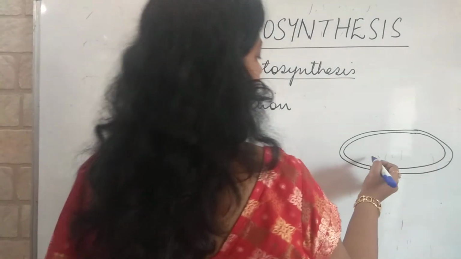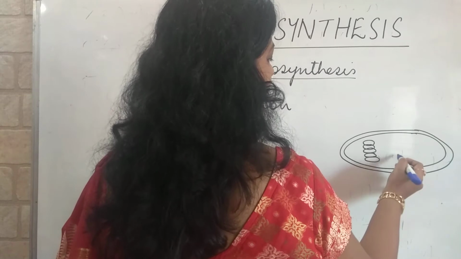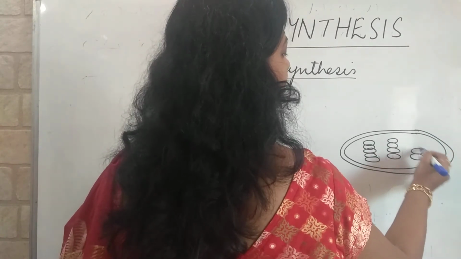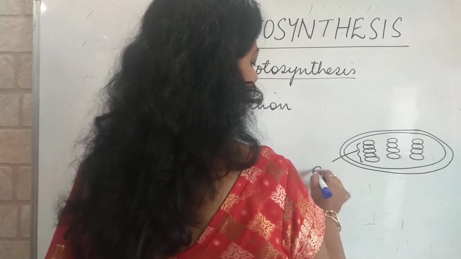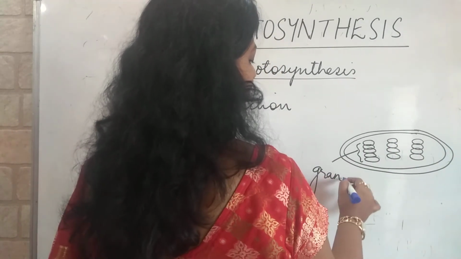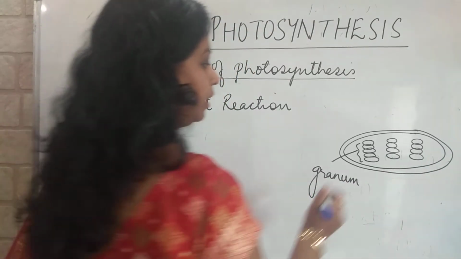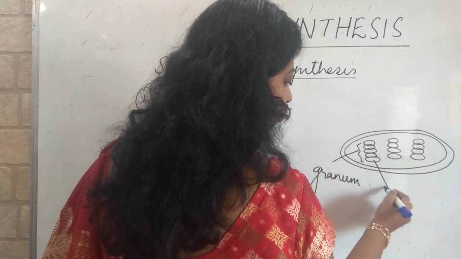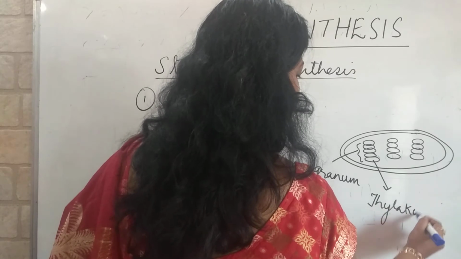Inside this chloroplast there are thylakoids, which are present just like stacks of coins. Each stack is known as grana, singularly granum, and these coin-like structures are known as thylakoids.